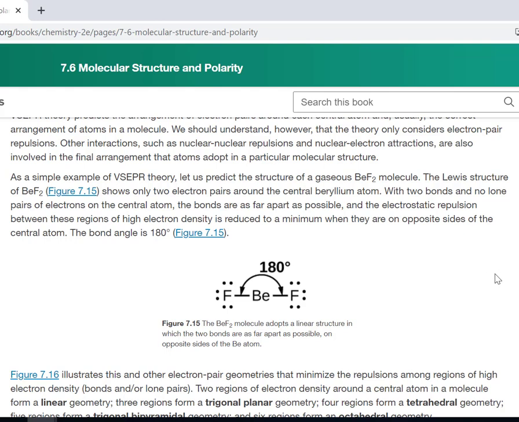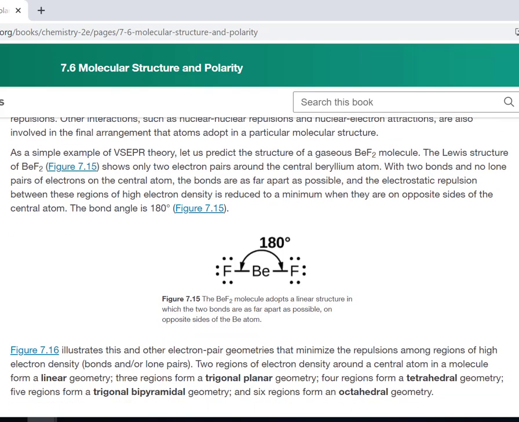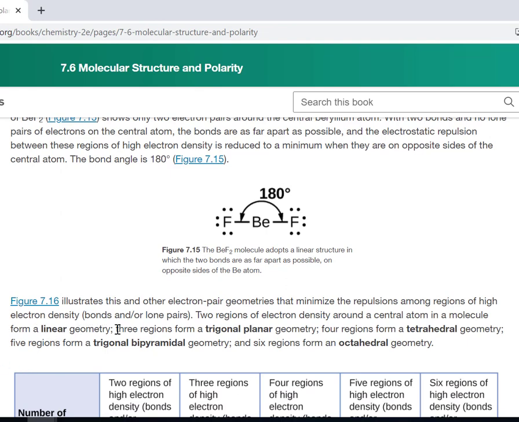And the best way to get two places with electrons, because in some cases these could be double or triple bonds, as far apart as possible, is to have a line. So a 180-degree angle between the electron pairs. We call this a linear geometry. Linear meaning that we have a line separating the pairs of electrons.